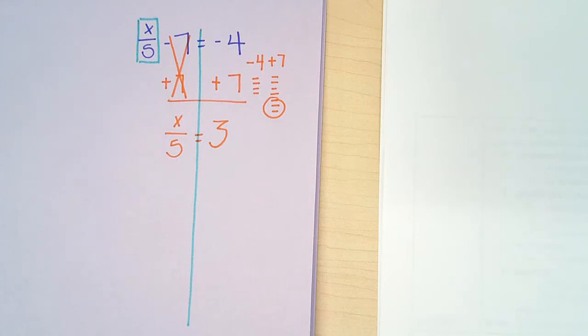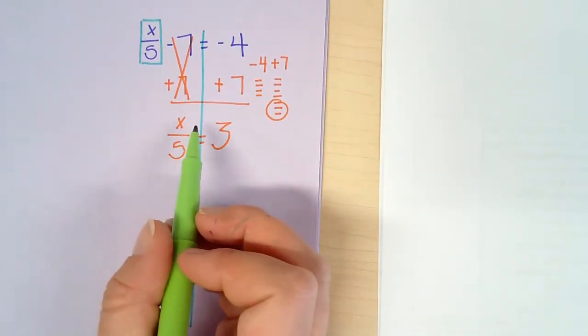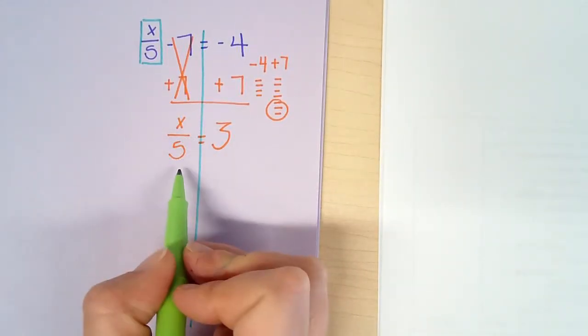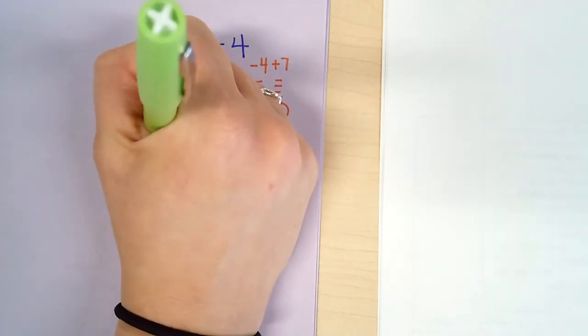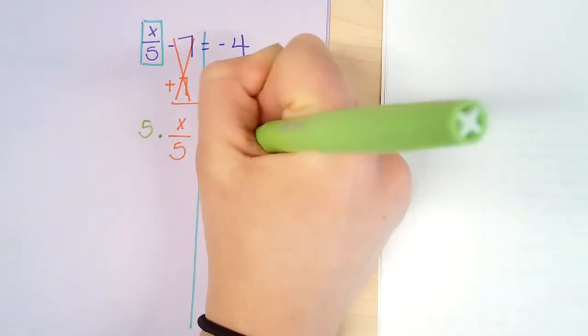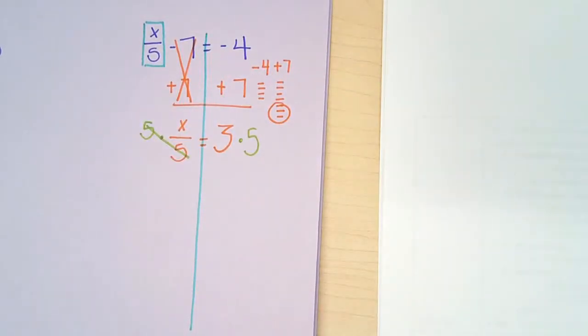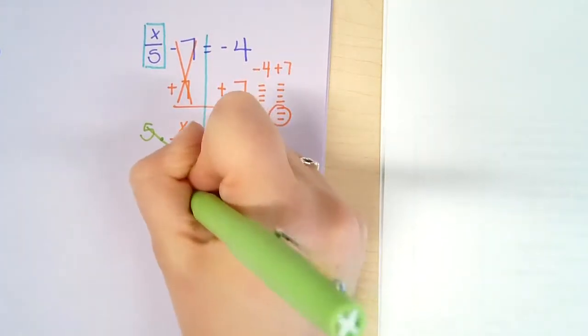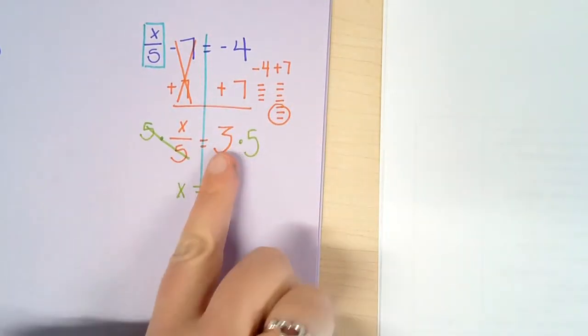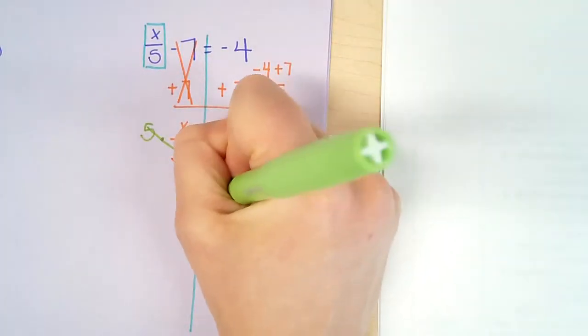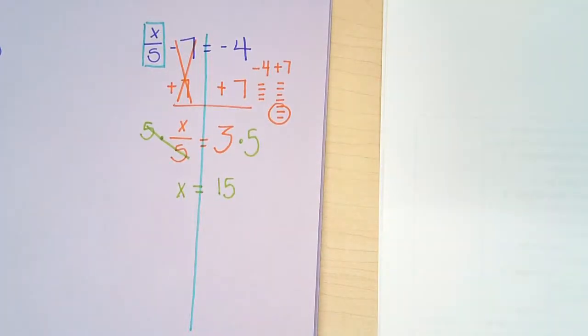So I ask myself again, how can I isolate this variable? Well, it's being divided by 5, so to inverse that, I'm going to multiply by 5. 5 times x divided by 5 cancel out, leaving me with an x by itself. Now I have 3 times 5, giving me a solution of 15.